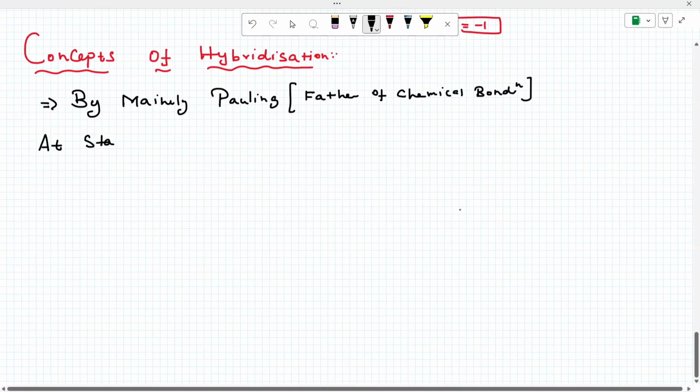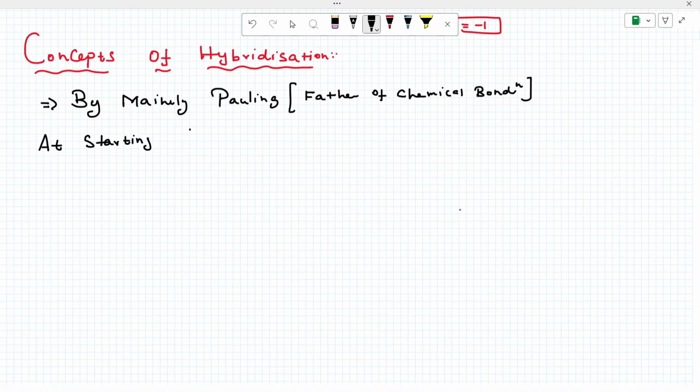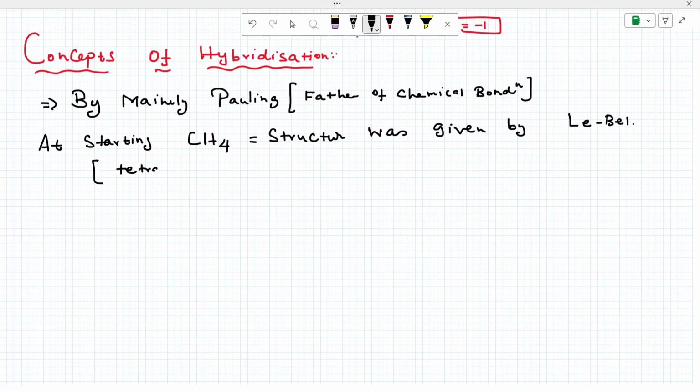At the start, the CH4 structure was given by the scientist Le Bel. He said that CH4 is a tetrahedral structure.